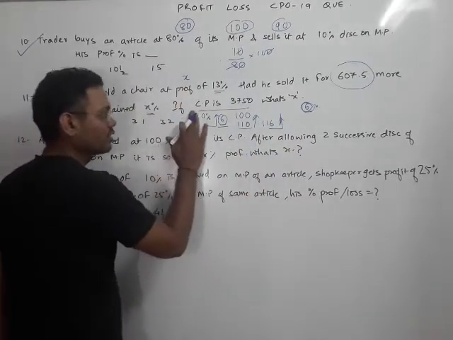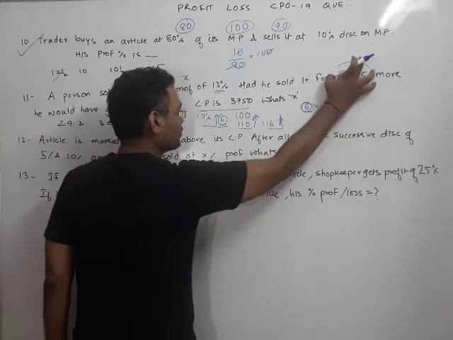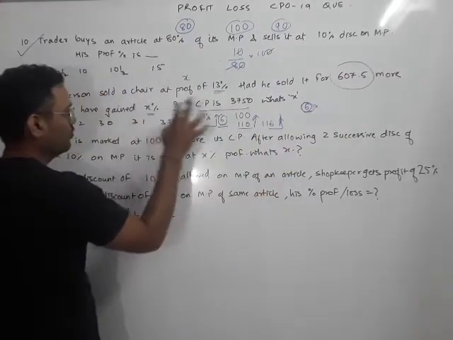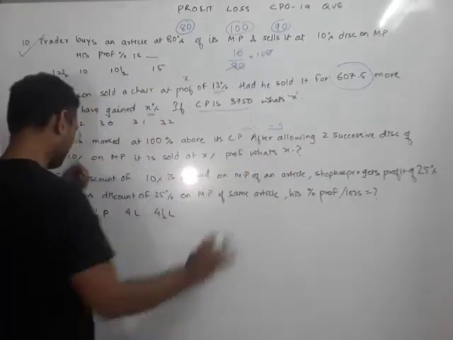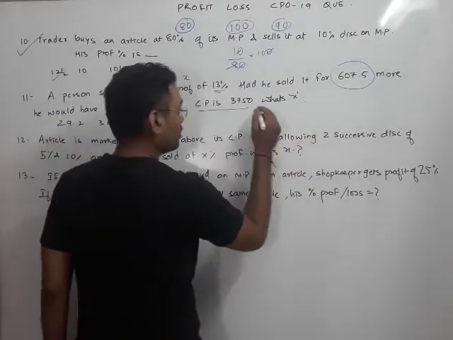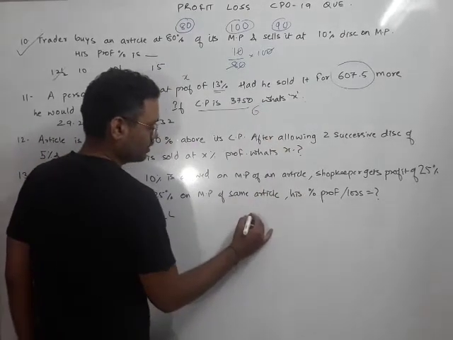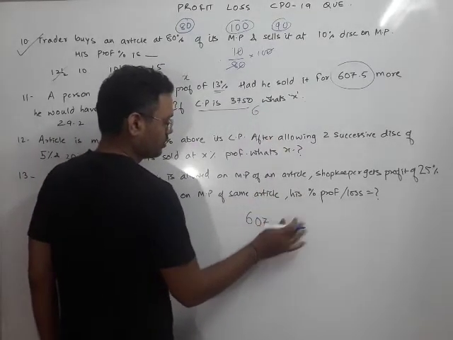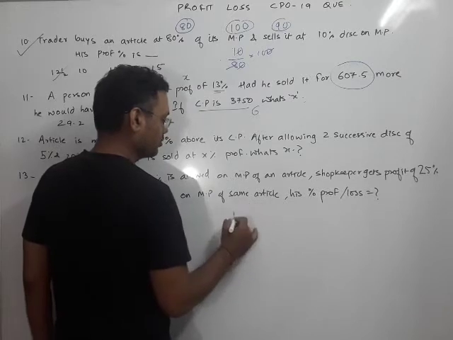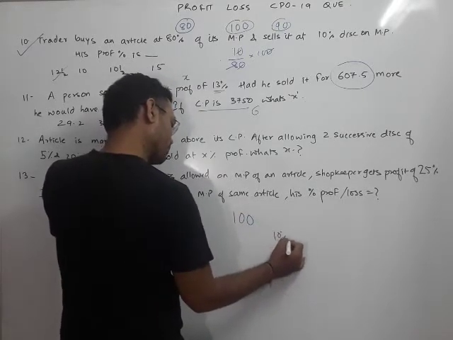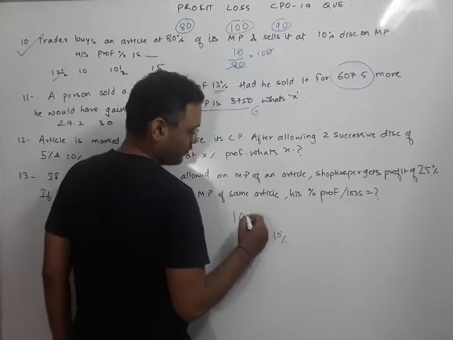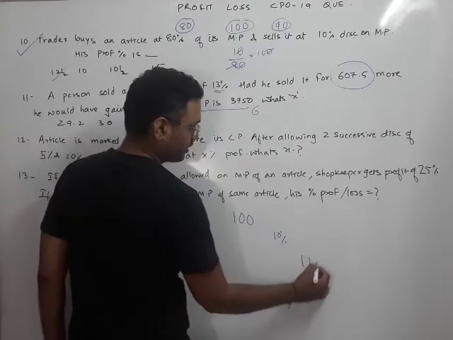So with the same logic, I will find percentage of this, sorry. So how much is 607.5%? I'll again explain. 100 rupees thing, I'm selling at a profit of 10%. Means I'm selling it at 110.